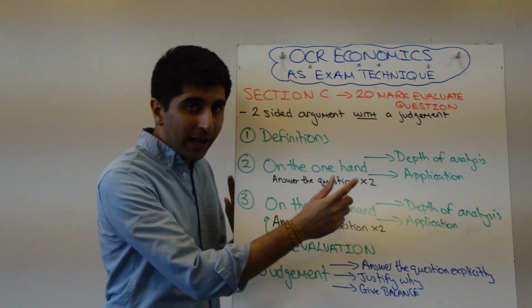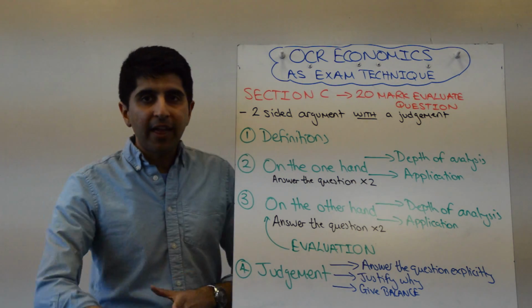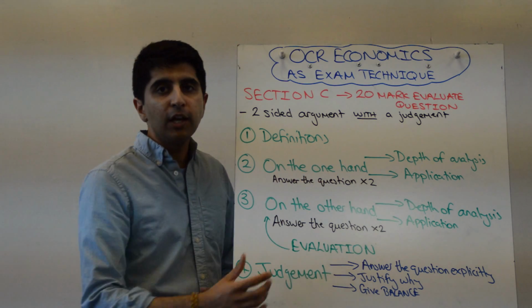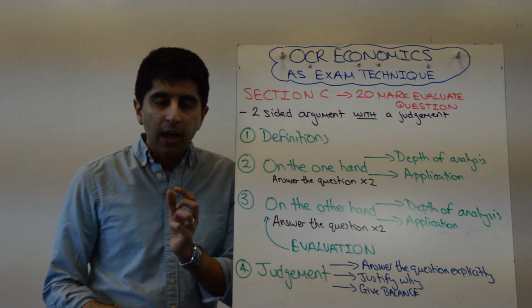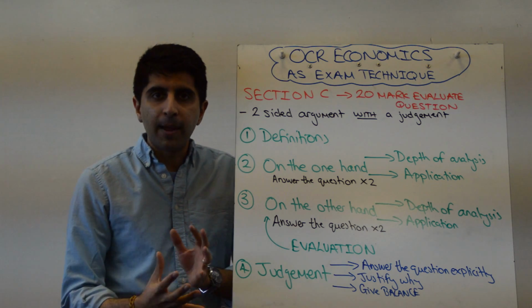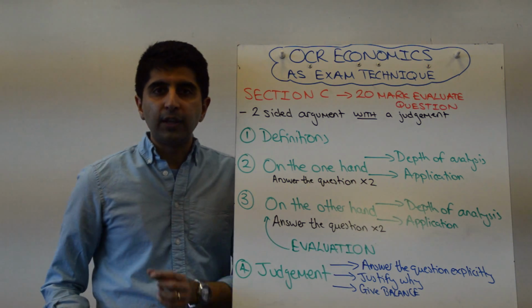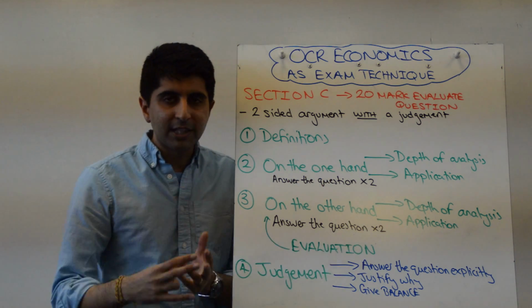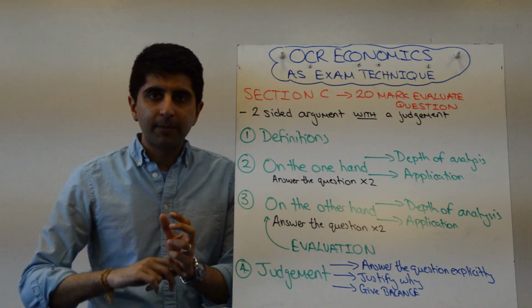So 2 points on the one hand done in depth with application. Then straight into on the other hand. What are the limitations of that theory you've just made? You're looking for 2 arguments on the other hand, right? So this is the other side of the debate, and you're questioning the theory that you said on the one hand. So we're looking to question that theory by writing 2 limitations, 2 arguments on the other hand.